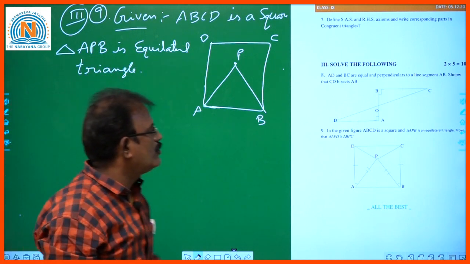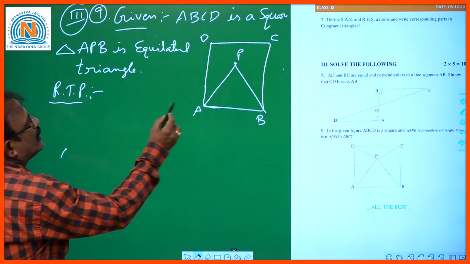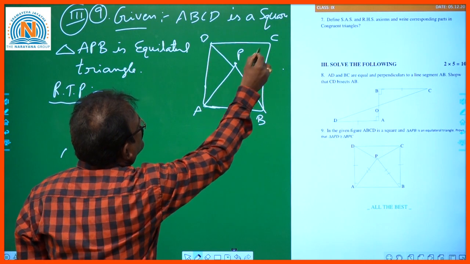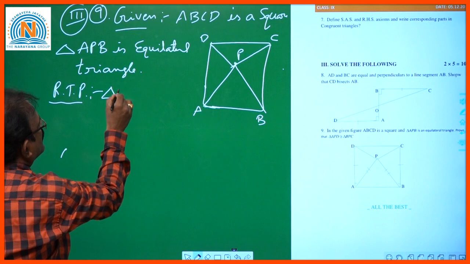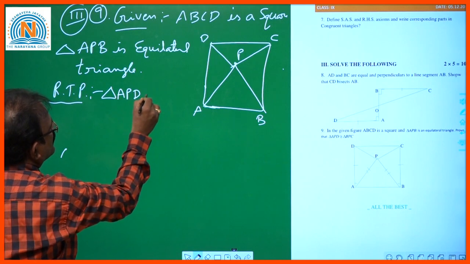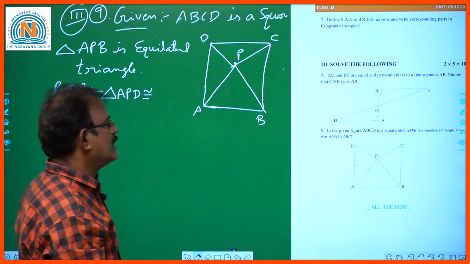What we need to prove? Okay, children. We need to prove triangle APD is congruent to triangle BPC. Sorry, APD, BPC.